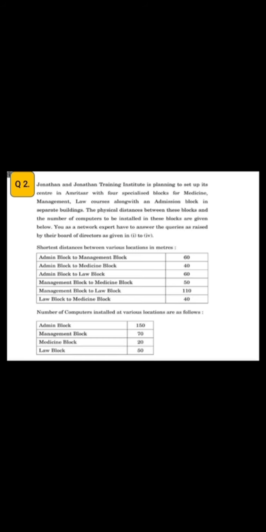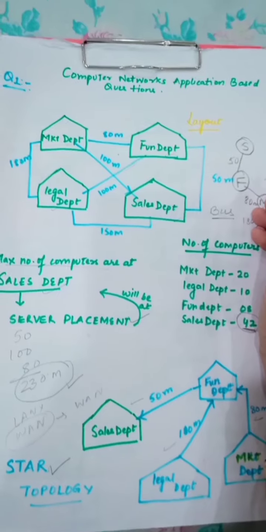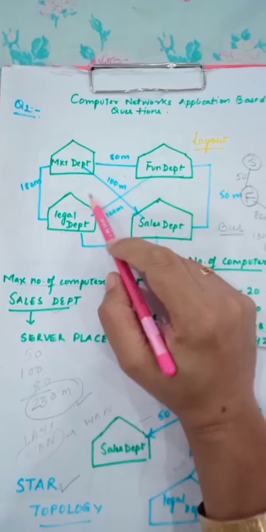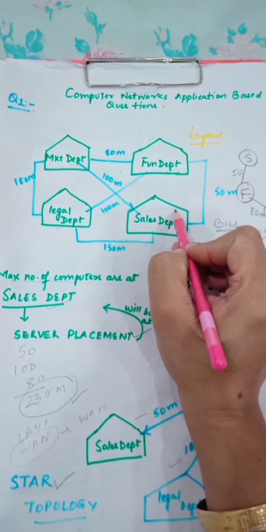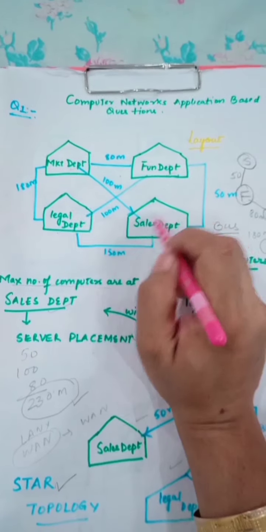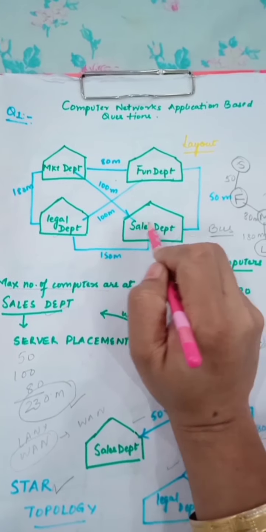Okay, I have drawn a layout diagram of this particular question that I am going to share with you. Fine, wait. We are given 4 blocks: marketing department, fund department, legal department, and sales department. So I have drawn a kind of layout from the distances given.